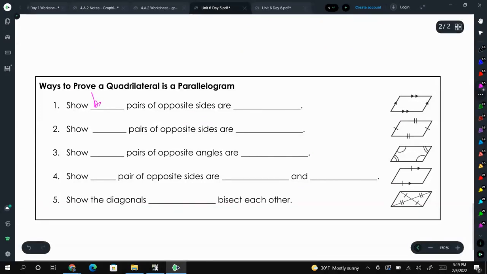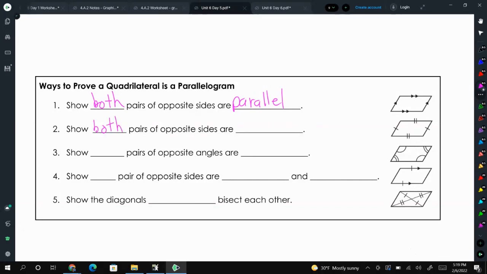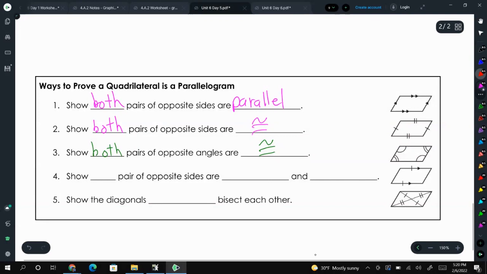You could show that both sides are parallel, like we did at the very beginning, using the slope formula. You could do the distance formula and show that both pairs of opposite sides are congruent. So that means using the distance formula 4 times. You could show that both pairs of opposite angles are congruent. That's harder to do with what we're doing right now, but it's possible.